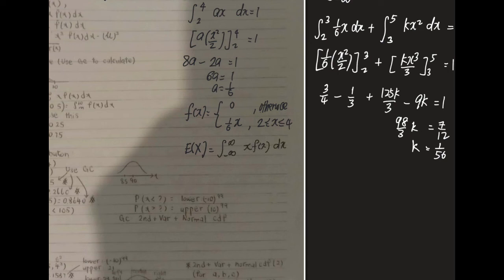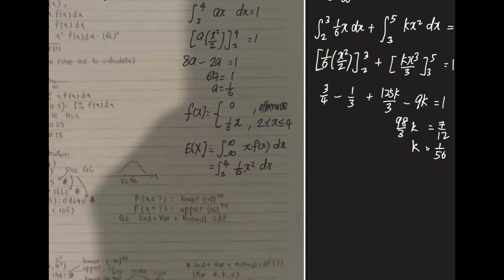So how do we apply it? Integrate 2 to 4, smallest x to greatest x. And then imagine you take the x, multiply with the f(x). That means you take x multiplied with 1 over 6x. You will get 1 over 6 x squared dx.